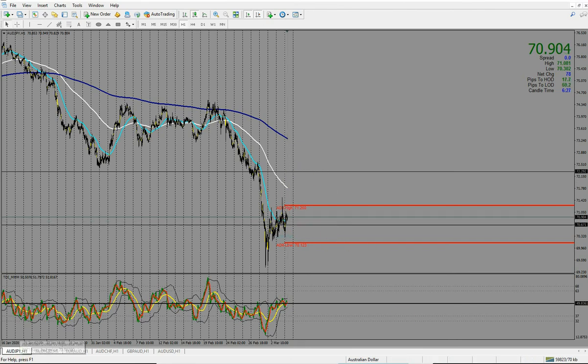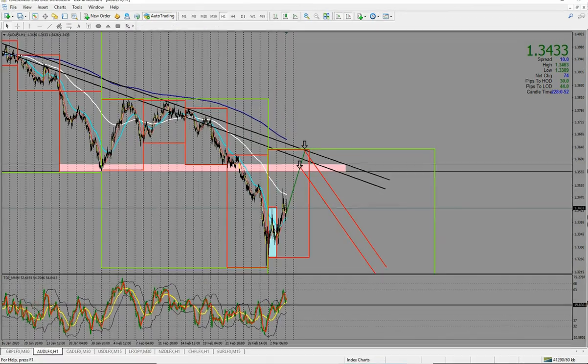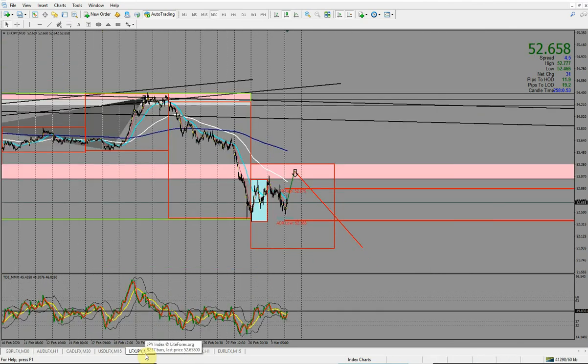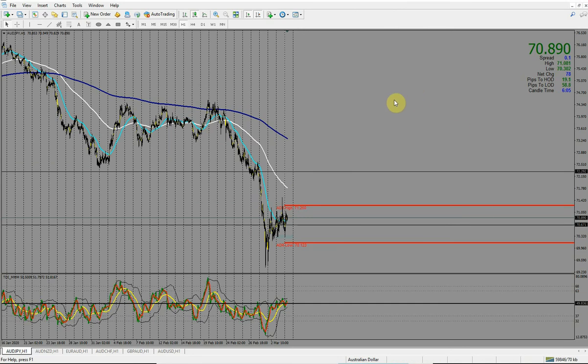The Australian dollar is corresponding with the Japanese yen and the Australian dollar index, which means it's also very good. The Japanese yen, remember right now the Australian dollar, we expect it to go up and then later during the week to go down, Thursday or Friday, and same thing for the Japanese yen. So it's gonna go up and then be very strong again later. So which means our analysis on AJ is good.